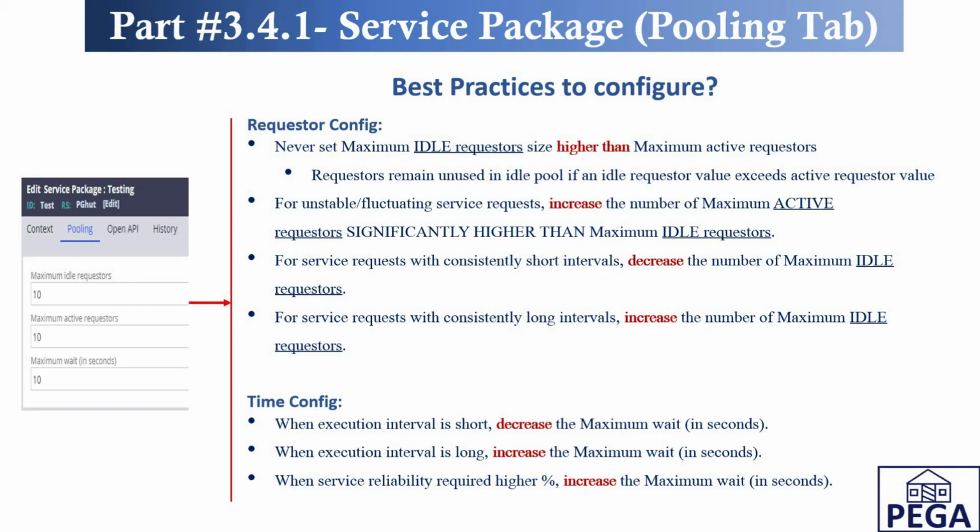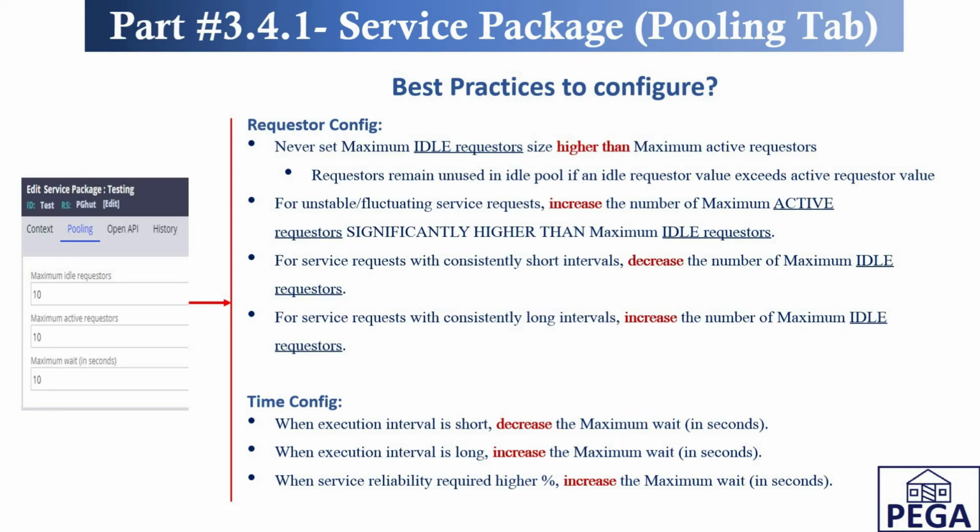So what will happen is, let's say if you decrease the max wait time, what will happen? It will time out. That means obviously the consumer will get a 500 error, right? But if you increase the wait, the request will wait for a requester to be engaged when it reaches the maximum active requesters. So once an active requester finishes, it will come back to the idle requester, meaning it will pick that request and go and process it.